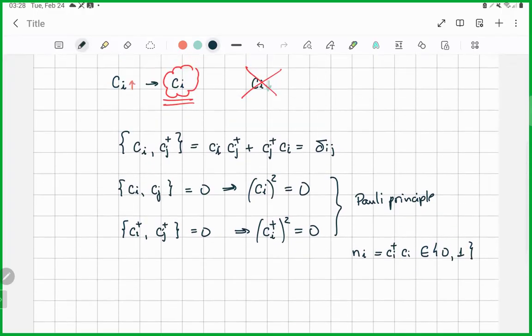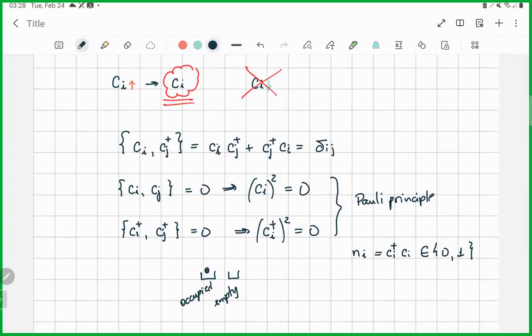And so what the spinless fermions tell us is that on each site, we either have one fermion, so it's an occupied site, or no fermion, that's an empty site. So that's what we mean here by spinless fermions. Either we occupy the site or the site is empty.